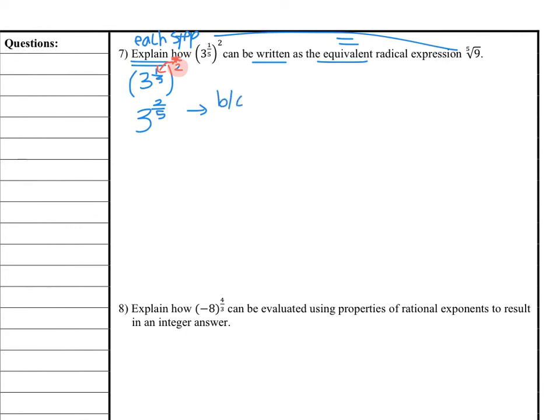This is called power to a power, when we have an exponent to another exponent. So because power to a power multiplies exponents. Okay, so just stating the rule that we use to get that line of answer.